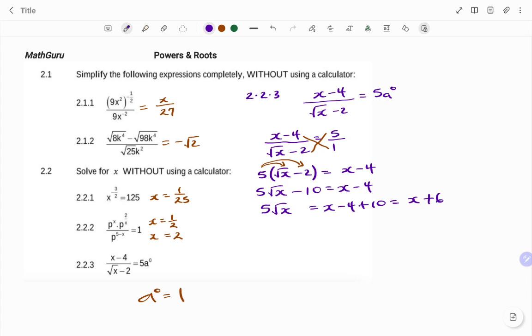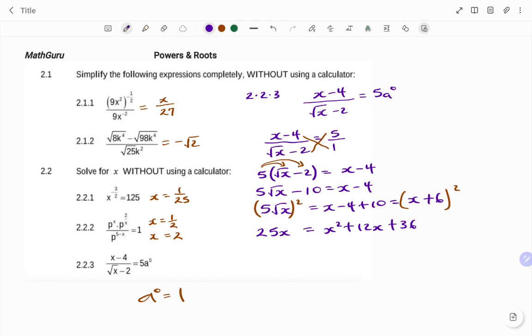To get rid of my root sign, I'm going to square both sides of the equation. And squaring both sides of the equation, on my left hand side, I have 25x equals square of x plus 6 will give me x squared plus 12x plus 36.